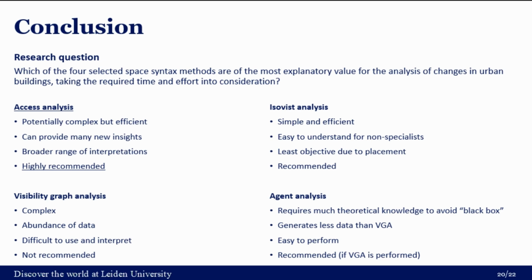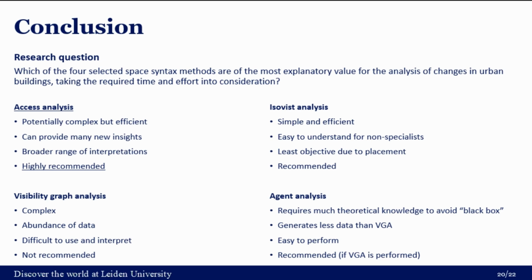You can make graphs showing the averages of every single building, of every single space. So it really depends on what you want, but it is quite efficient. You can provide many new insights, and you get a broader range of interpretations. So I highly recommend it.